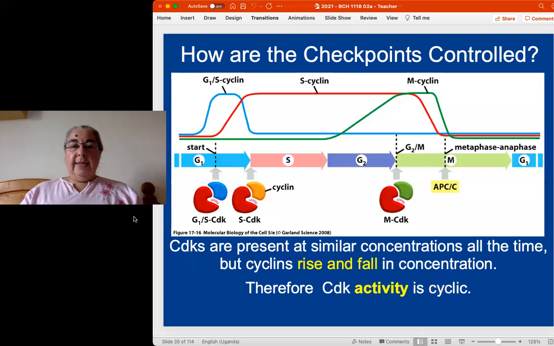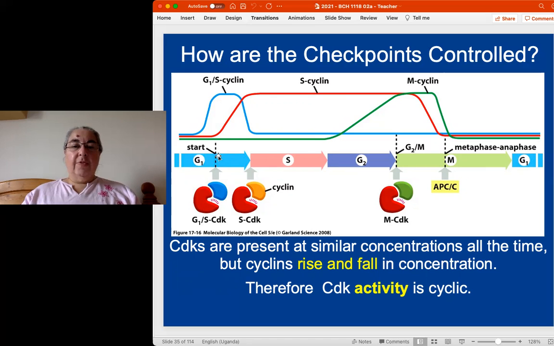So here is a diagram of the cell cycle, just stretched out into a line rather than in a circle. And this is what we're seeing about the levels of cyclins. So here are three different CDKs being illustrated. There's actually more than three, but three are illustrated here.